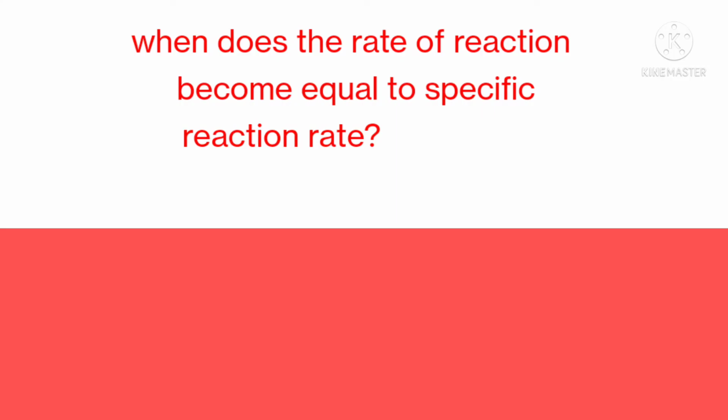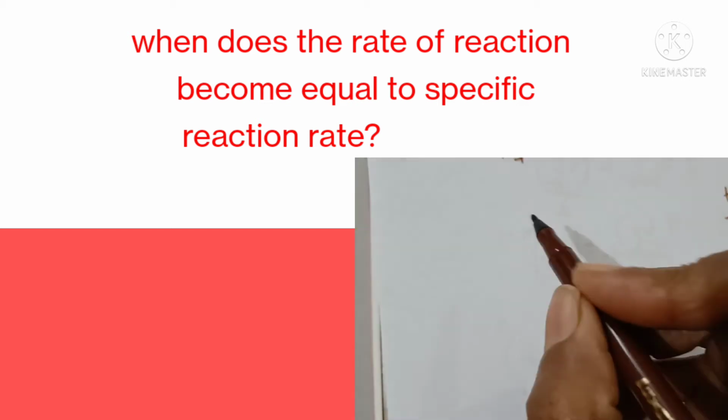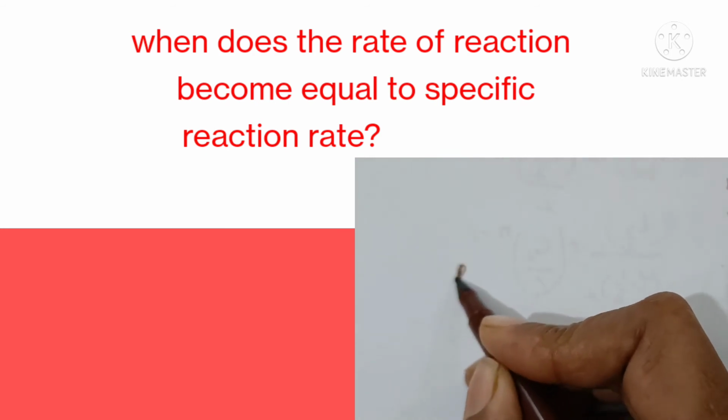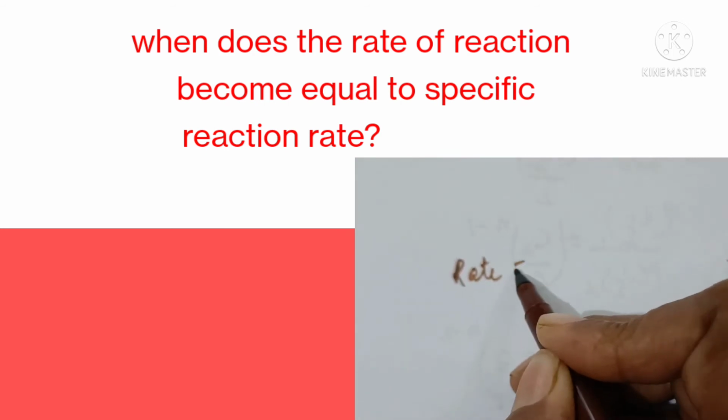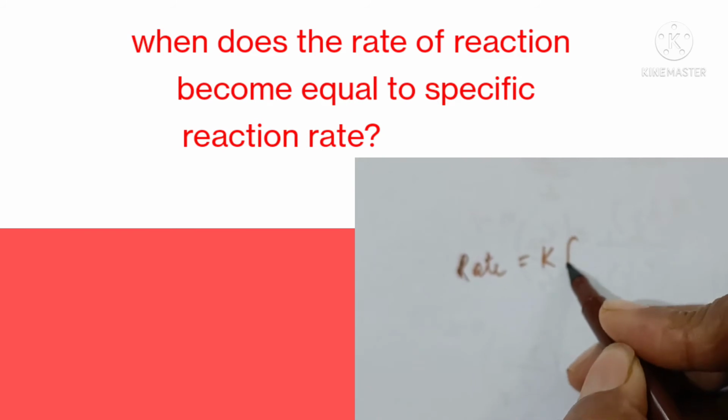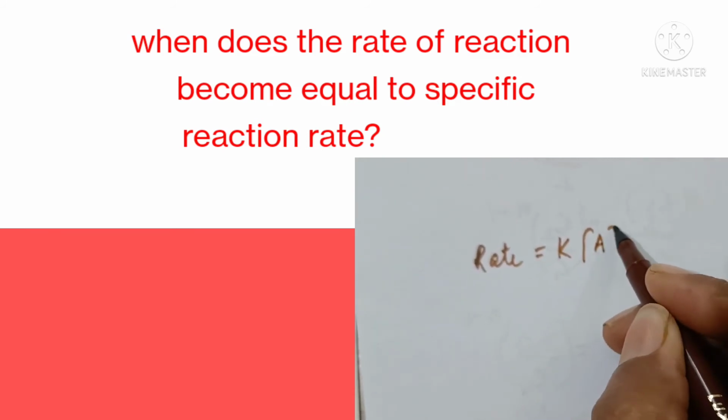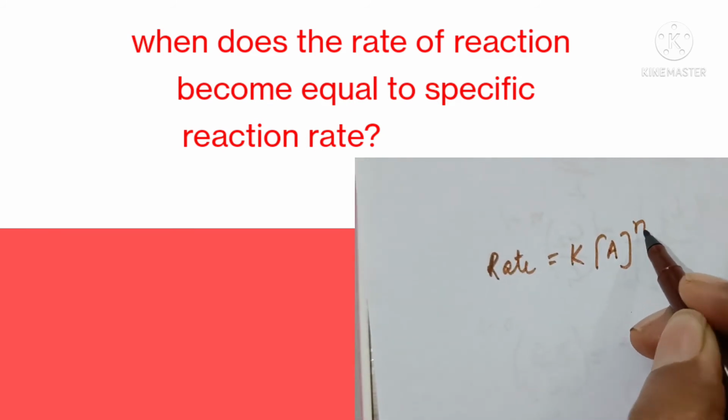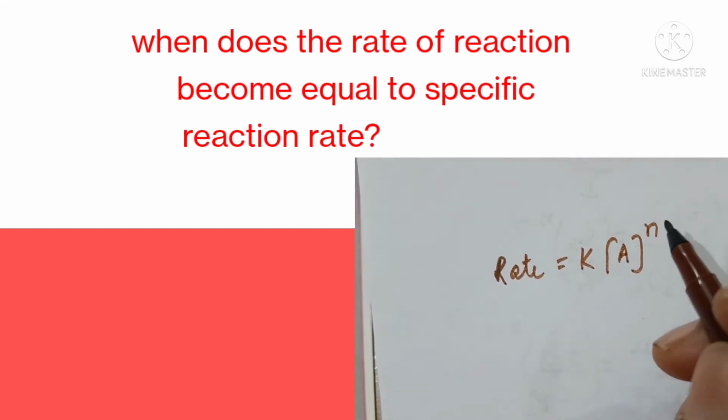Does the rate of reaction become equal to the specific reaction rate? As we know, the rate law expression states that rate is equal to K into concentration of a reactant raised to power n, the order of reaction.